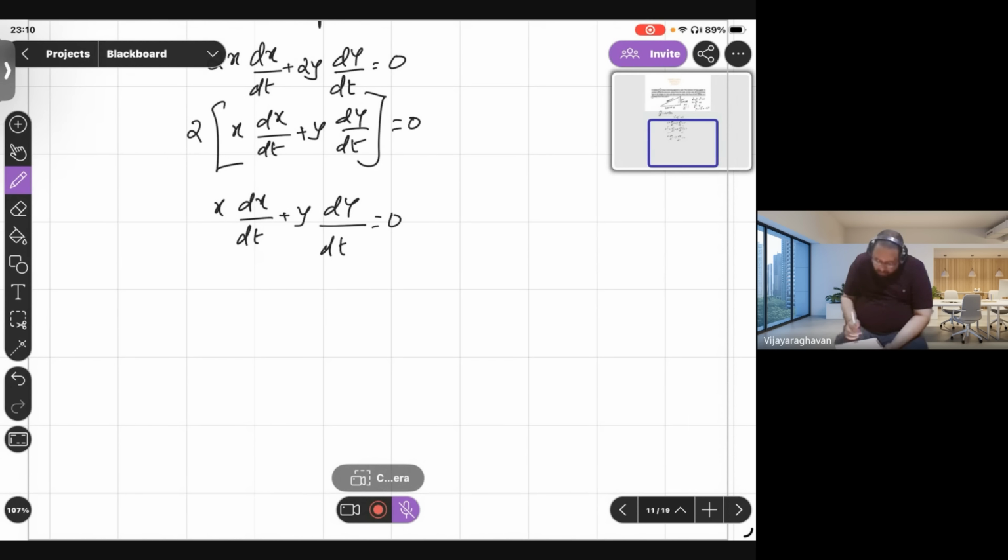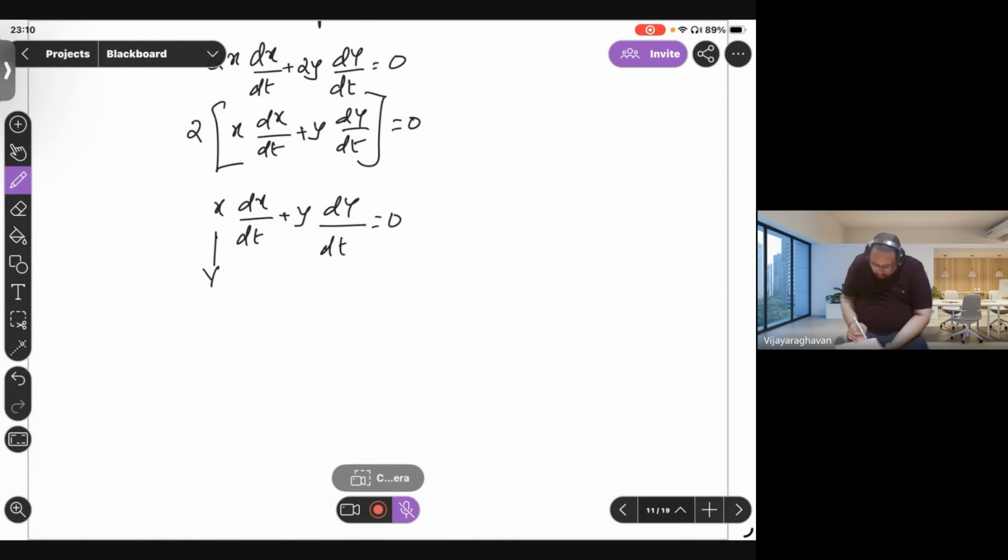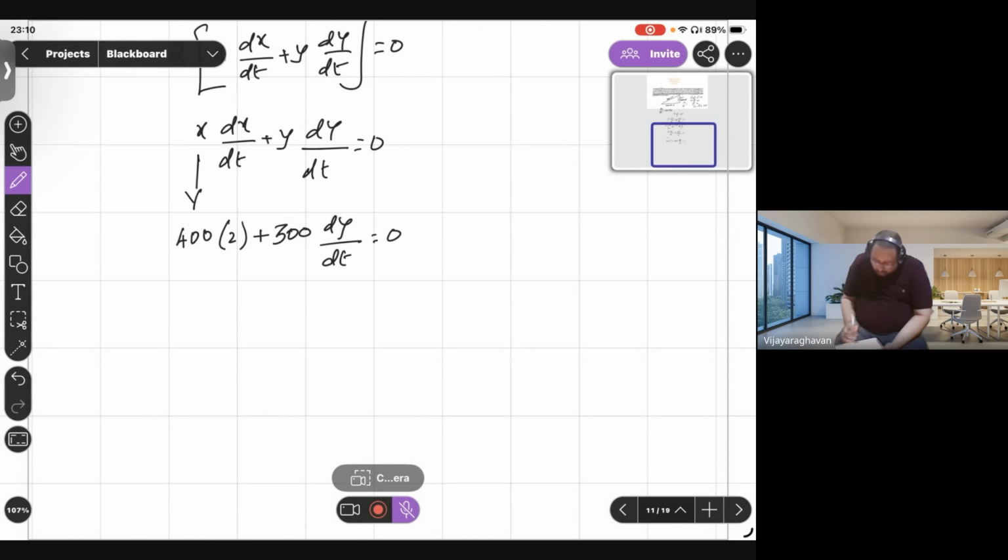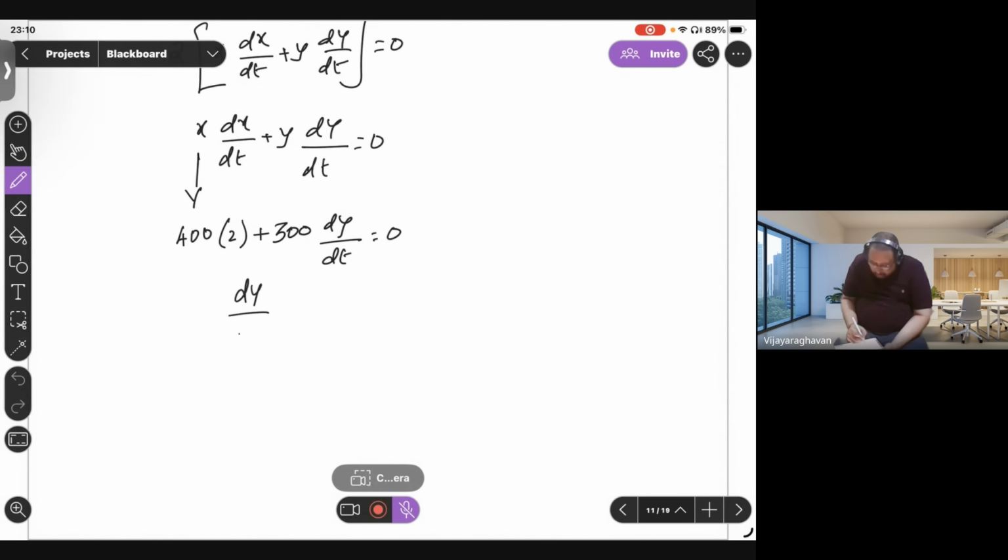Fine. So x is 400, dx/dt is 2, y is 300, and dy/dt we don't know, we have to find, equals 0. Therefore, dy/dt equals minus 800 over 300, or minus 8 over 3 centimeters per second.